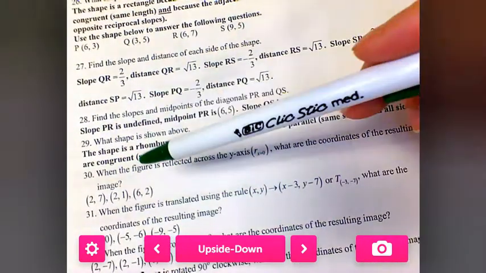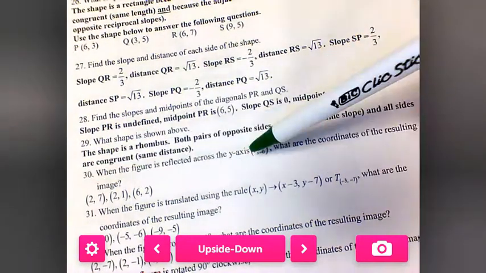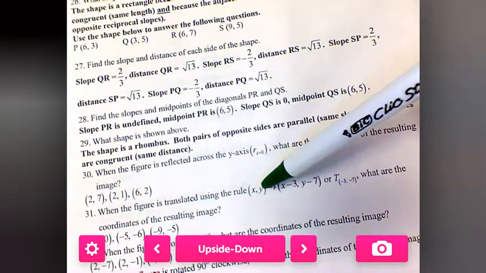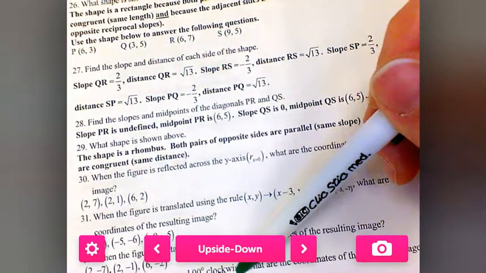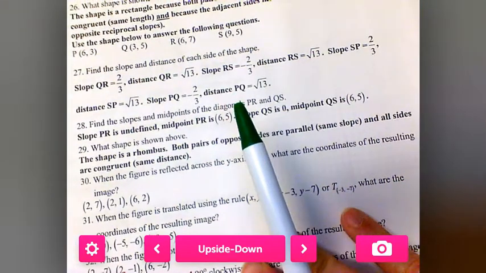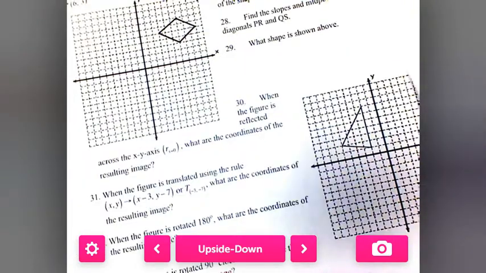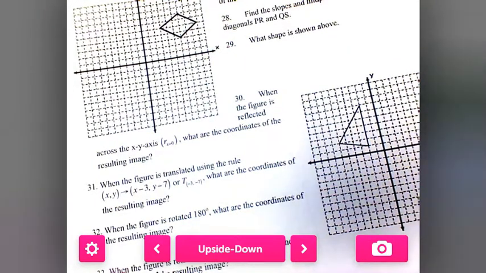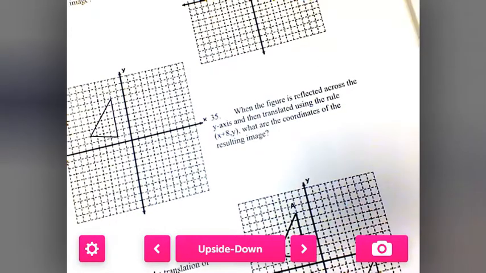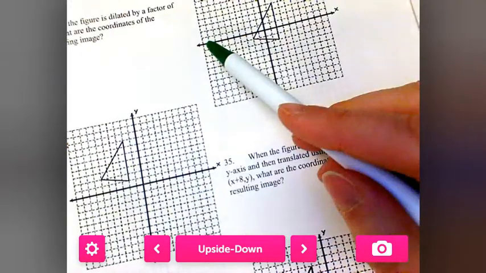30 through 33, we're good on when we reflect it over x equals 0, translate it, rotate it. We're good with all of those? Everybody's okay with all of these, yes? 27 through 33. 34, we're okay with dilating.